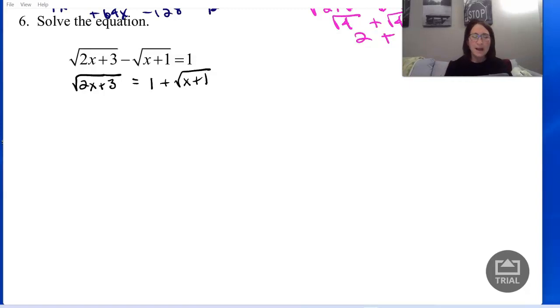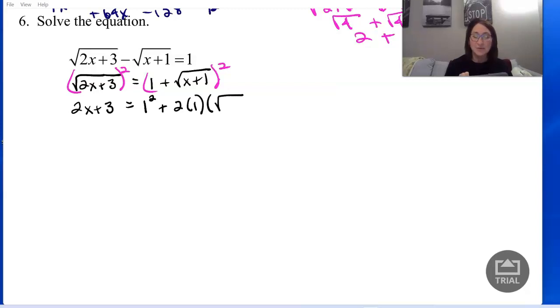All right. I'm going to raise both sides of my equation to a power of 2. So on the left, I have 2x plus 3. On the right, I have 1 squared plus 2 times 1 times the square root of x plus 1.